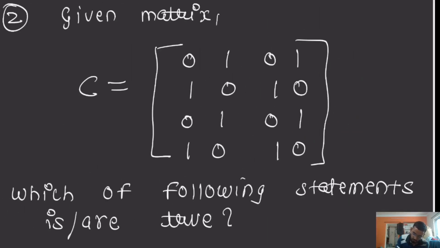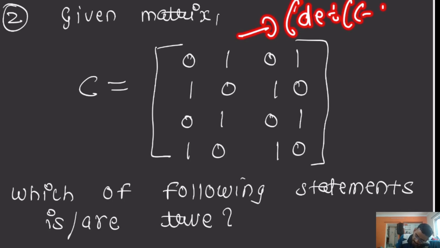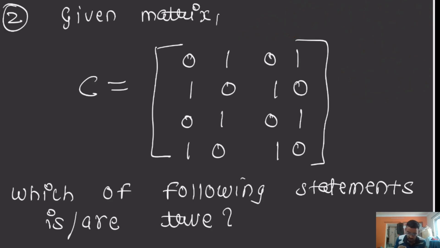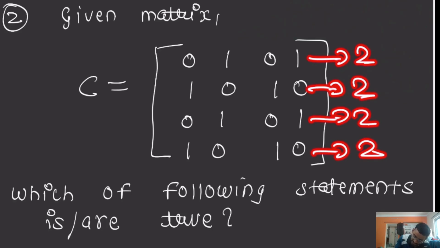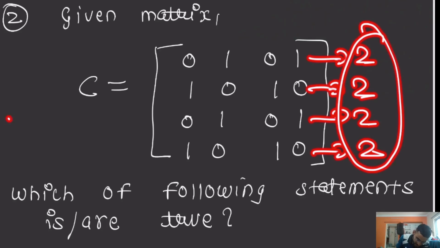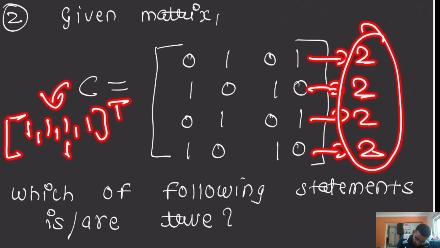Okay, so for finding the eigenvalues, what we can do is find the characteristic equation, that is determinant of C minus lambda I, make it 0, and we can get lambda. But one shortcut for this is, since the sum of each row is the same and equal to 2, which means that 1, 1, 1, 1 is an eigenvector of C corresponding to the eigenvalue which is the sum of each row, 2.